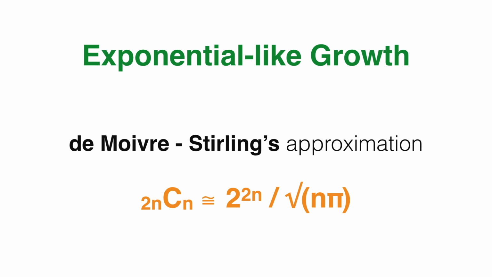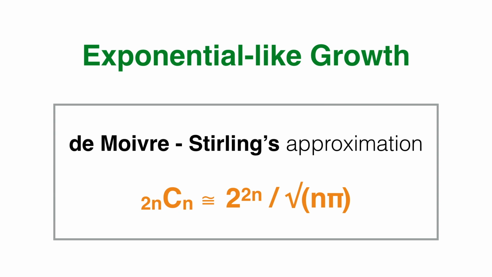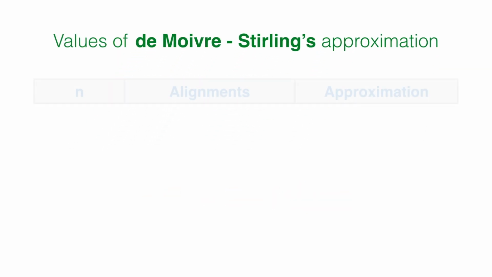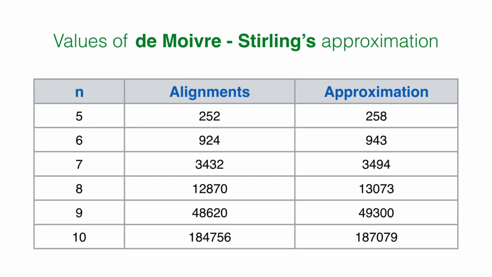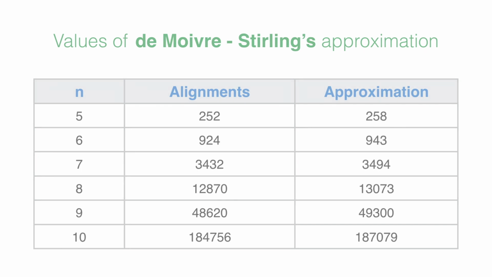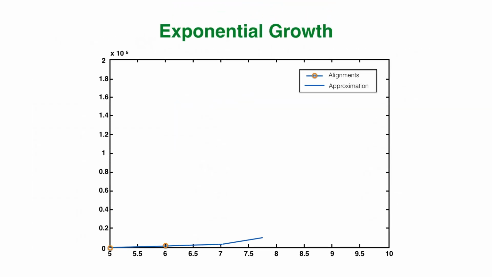This is better shown by approximating the number of alignments with a formula derived from an application of the Moivre-Stirling approximation to factorials. As this table shows, the Moivre-Stirling formula provides a close approximation to the number of alignments. And the shape of the graph confirms the fact that the number of alignments grows exponentially with the length of the sequences.